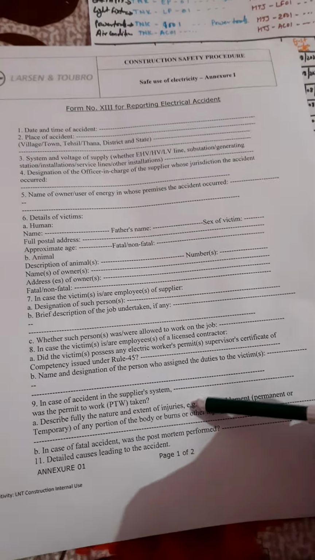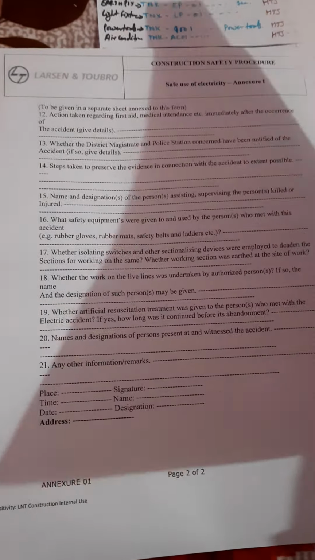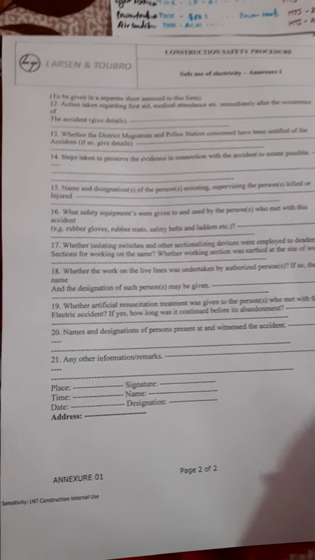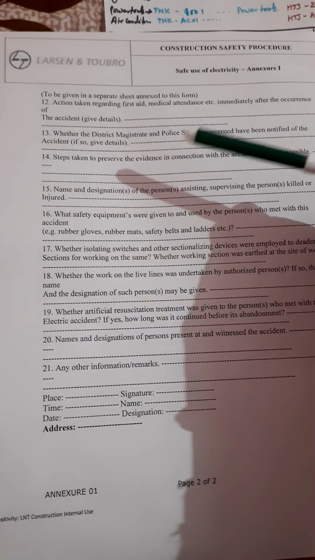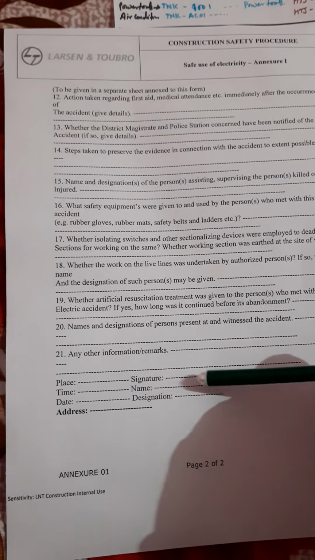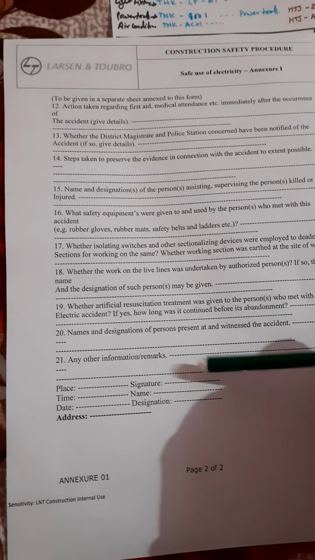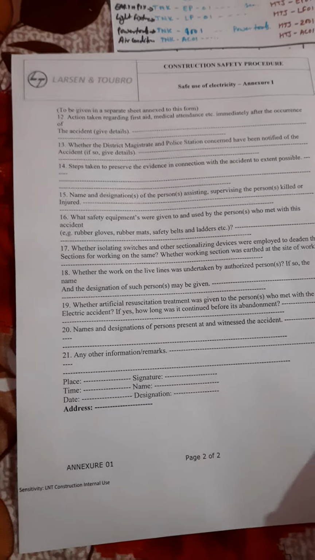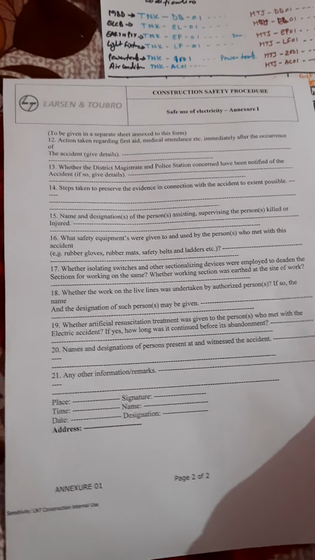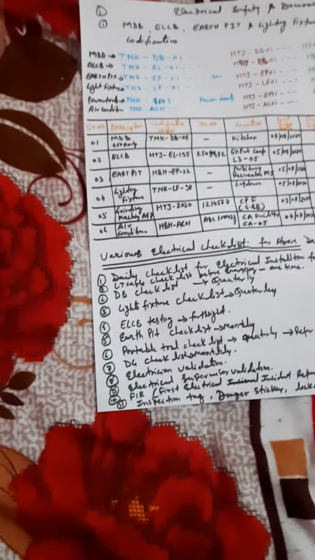So this format, this document will help to save our procedure. So we have to fill all this document and make verification by ourselves. We should not hide anything, and we should not allow anyone to come in this mode.